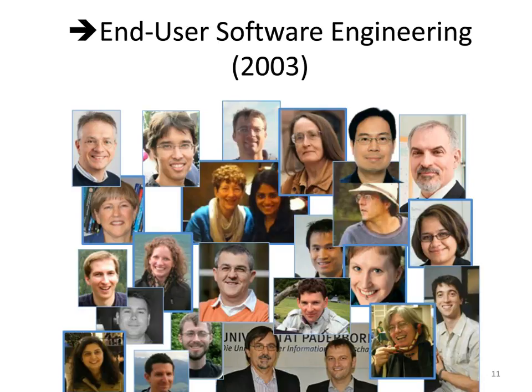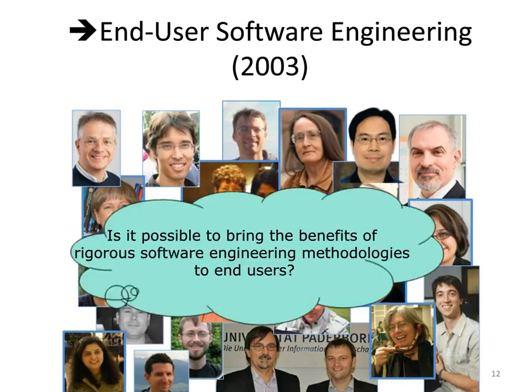So lots of people all over the world started working on that project and really coming together at about that time. And the question that really brought these people together was the following. Is it possible, and if it is, how, can we bring the benefits of rigorous software engineering methodologies to ordinary end users?